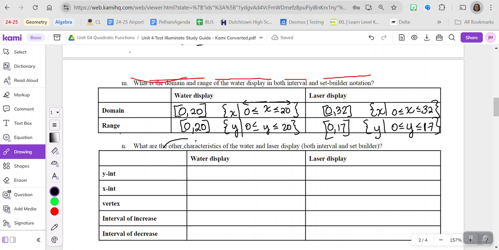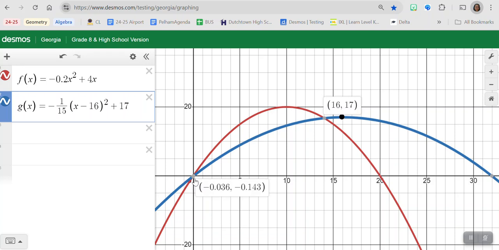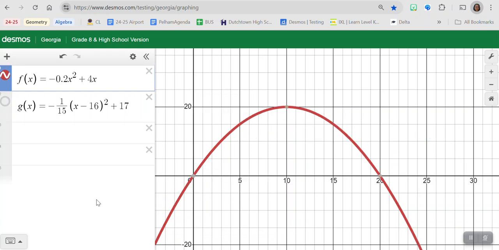All right, what are the other characteristics of the water and laser display? So for the water display, it wants the y-intercept, x-intercept, and the vertex. So let me make a list of this. So the y-intercept is at 0, 0. That's the vertex 10, 20.